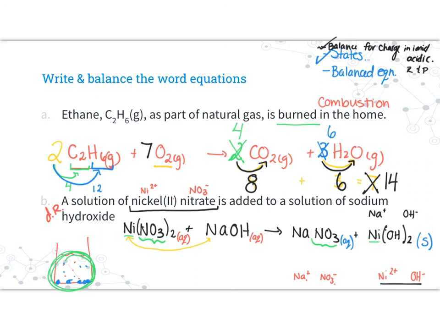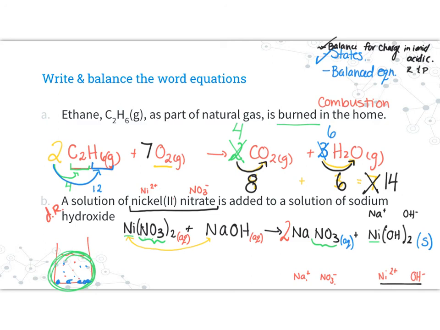In our reactants, we have 2 nitrate ions, polyatomic ions. In our products, we only have 1. Therefore, to balance for this, I need to put a 2 out front. Remember, I've already balanced for charge, so I don't want to add any more subscripts here. The balancing for atoms is always out front.